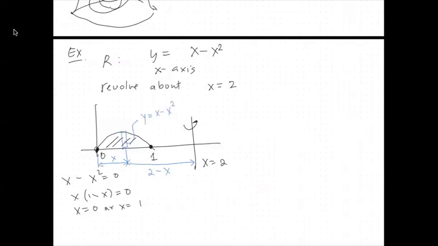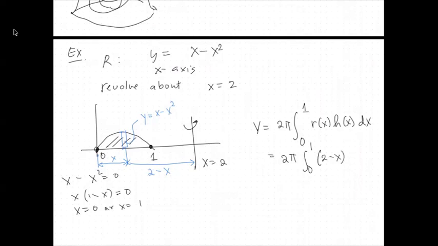Now the volume will be 2 pi, and we start from 0 to 1, r of x, h of x, dx. This is just 2 pi, 0 to 1, r of x is 2 minus x, because this is the distance from the axis to our strip, and the height is x minus x squared, dx. This is your answer now.